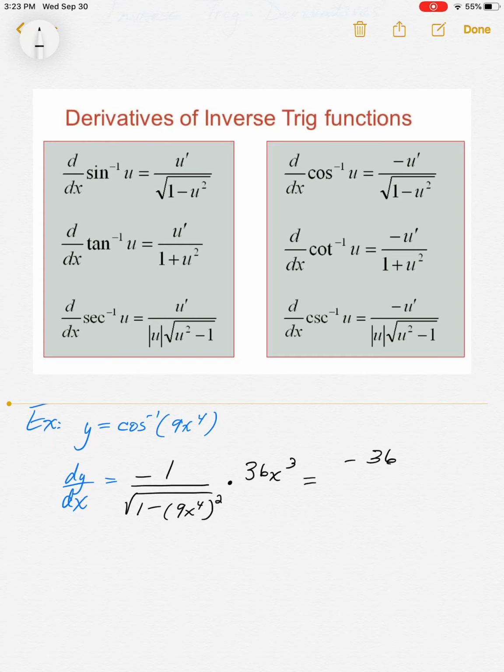There, my friends, you have the derivative of your inverse trig function. I know, too easy.